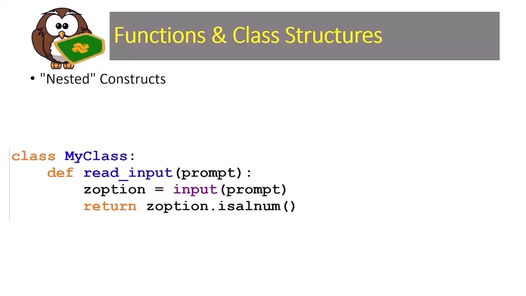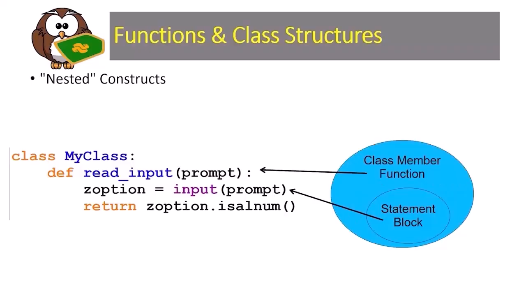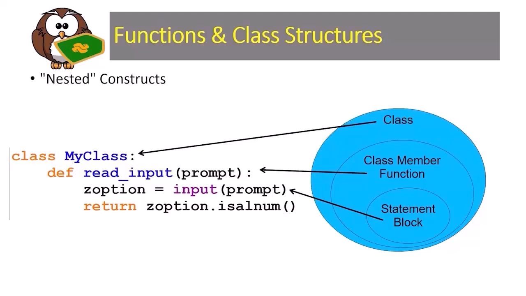In this case, we have the keyword class, which defines a block, followed by our read input, which will now require a prompt. This one has not been provided as a default, so as to operate on the isalnum magic. So we do have our statement block. We also have our member function block, and we also have our class block.